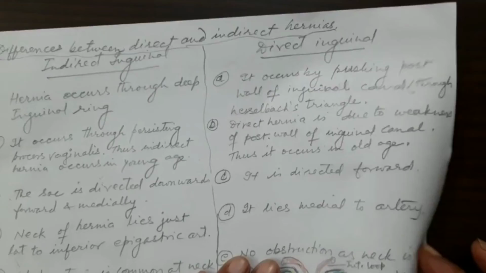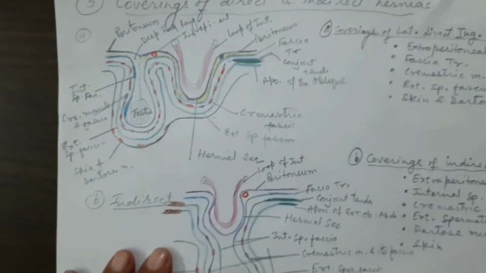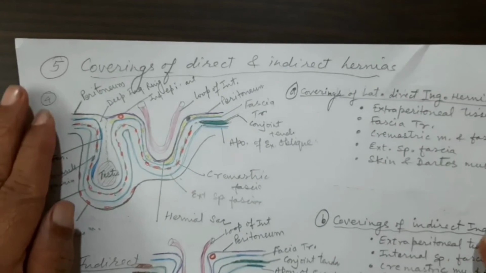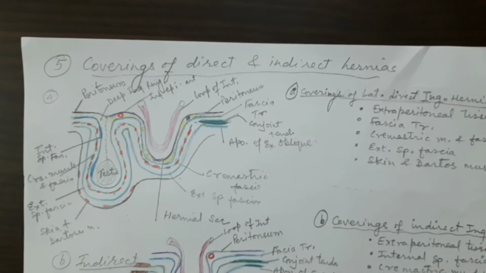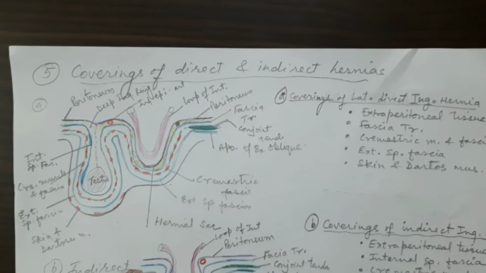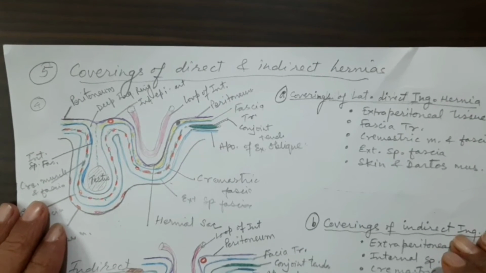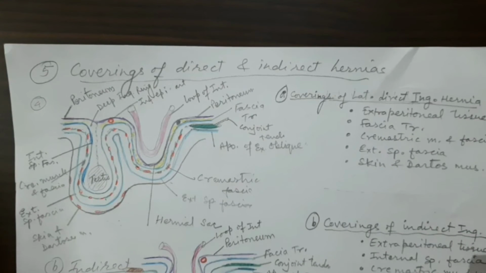So these were the major differences between an indirect and a direct inguinal hernia. Now we come to the last part of this question: what are the coverings of the direct and what are the coverings of the indirect hernia. Since the indirect hernia is coming through the inguinal canal, it will have all the same coverings as the testis and spermatic cord have.